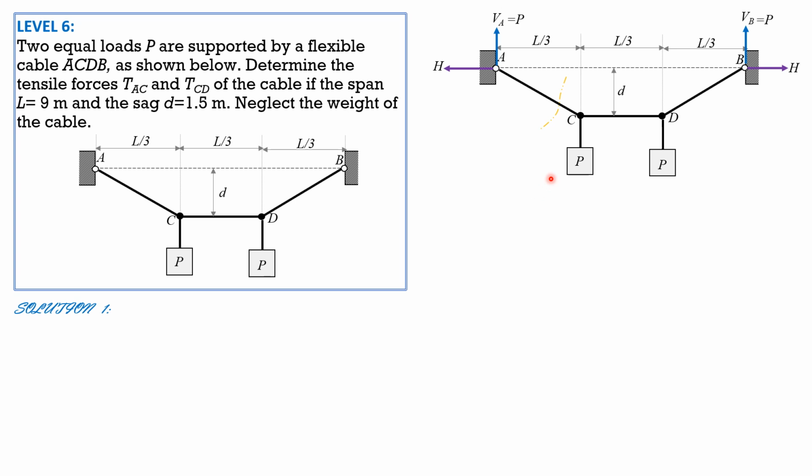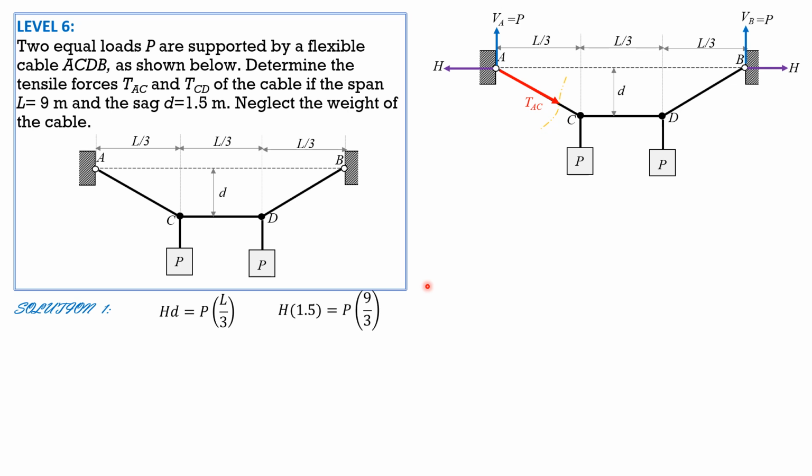The moment of the resultant about C is the sum of the moments of its components. But I'll just cut it and sum up moments about C equals 0, considering all forces to the left of that cutting section. Counterclockwise positive, H times D equals P times L over 3. Substituting the value of D, which is 1.5, and L, 9: H times 1.5 equals P times 9 over 3.